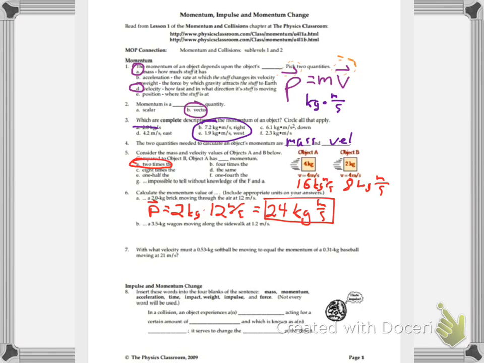And now for part B, a 3.5 kilogram wagon moving at 1.2 meters per second. Again, we'll define our momentum here as 3.5 kilograms being multiplied by 1.2 meters per second. And that will equal 4.2 kilogram meters per second.